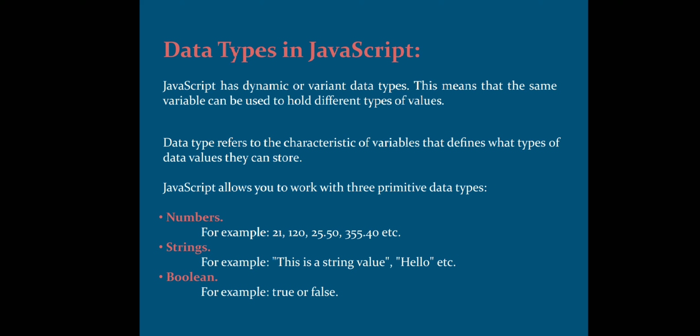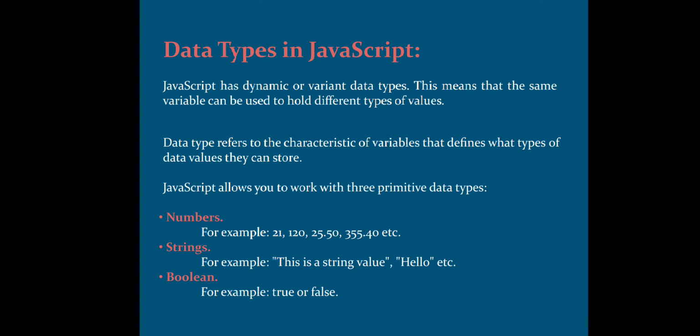The second data type is strings. A string is a collection of characters enclosed within double quotes. The third data type is boolean. Boolean has two values, true or false. So these are the three primitive data types available in JavaScript.